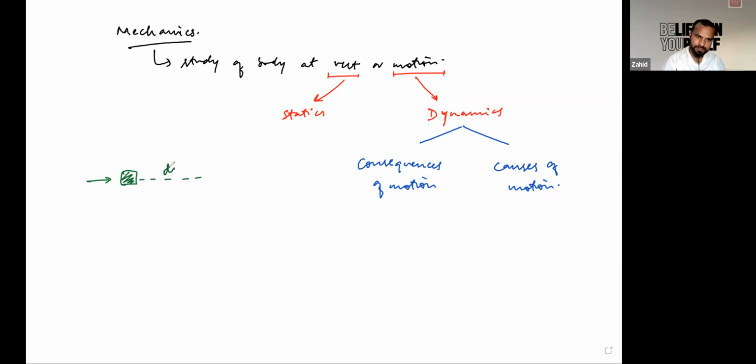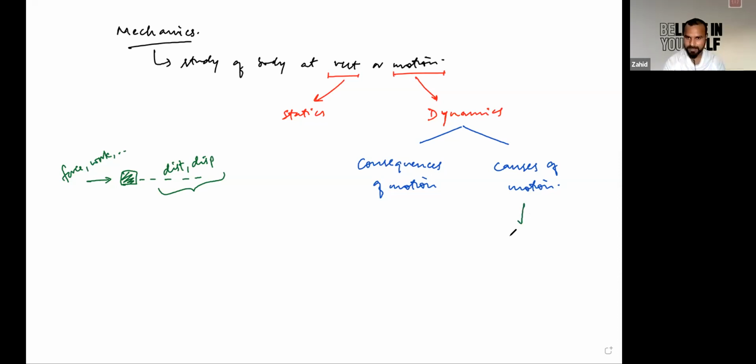So these terms, distance, displacement, velocity, acceleration, are called the result or impact of that motion. But these terms, force, work, linear momentum, and so on, will cause motion to this object. So you can say these are causes of motion.